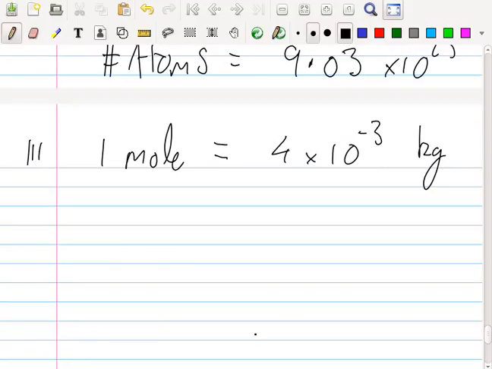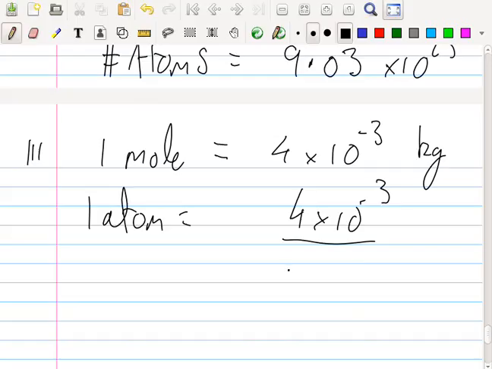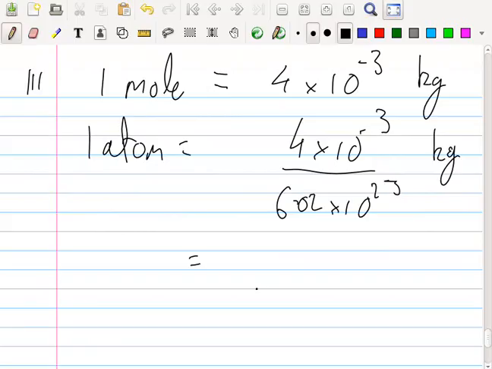So 1 atom would equal this divided by Avogadro, which is 6.02 times 10 to the 23. 6.64 times 10 to the power minus 27.